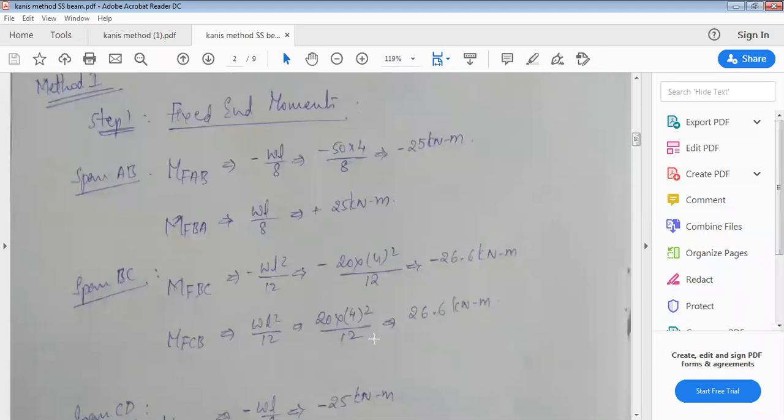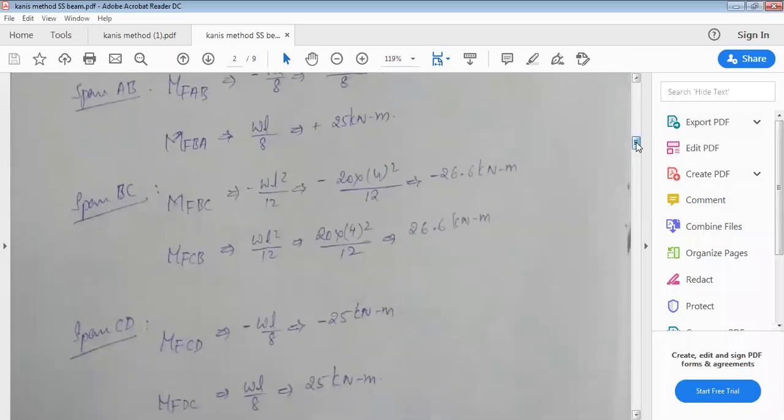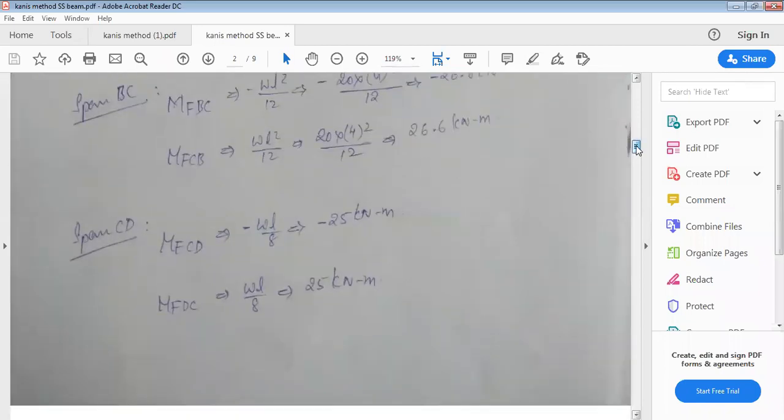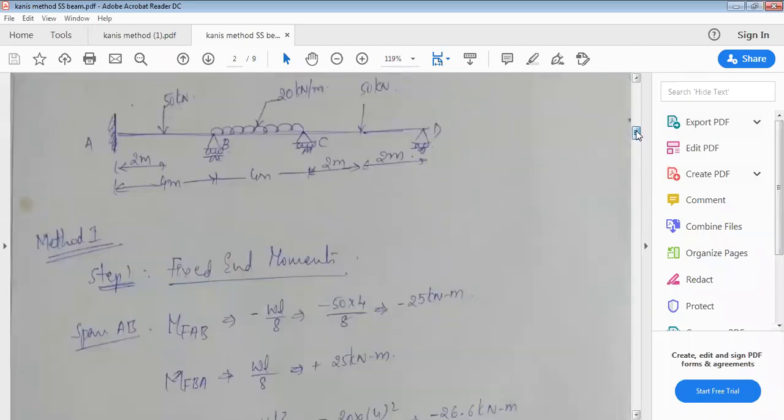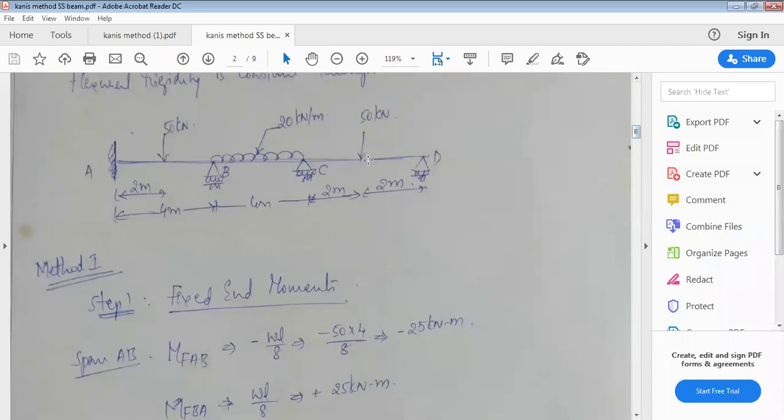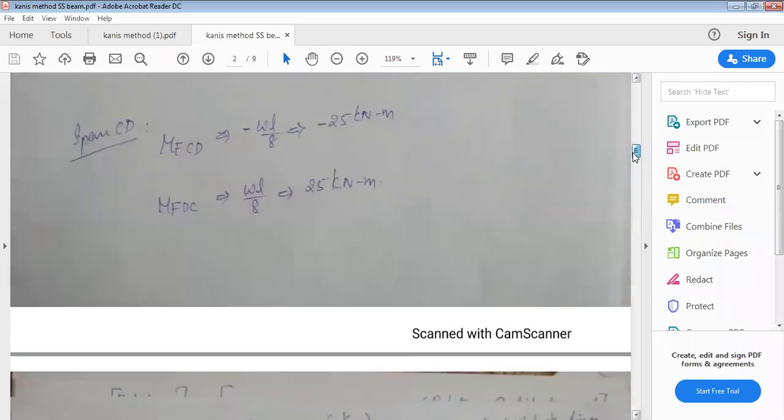So here also you will get the same values, one negative and one positive. Similarly for CD, MFCD, it is a point load with symmetry, so WL by 8. Last sem and this sem, this is the common step. Step 1 follows the same process, you won't have any difference.